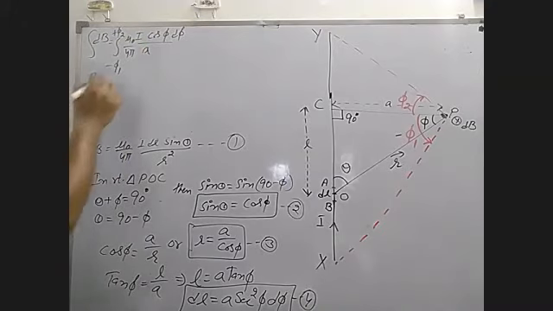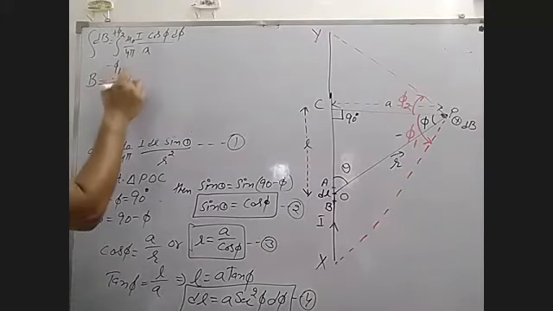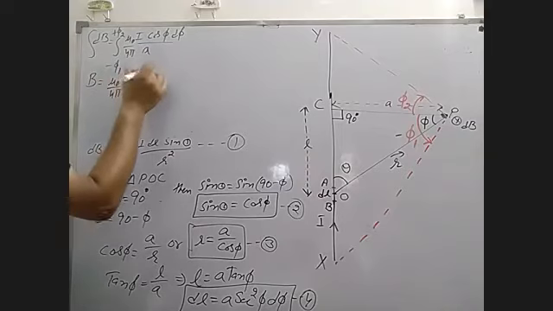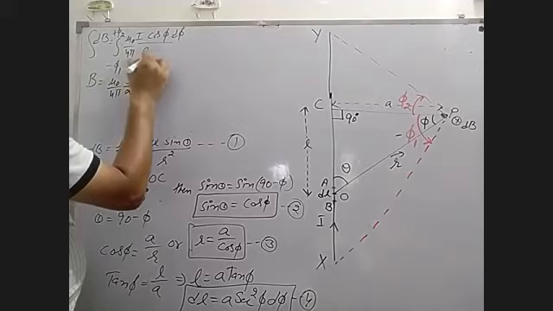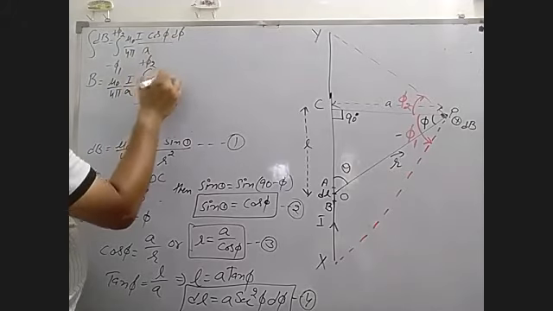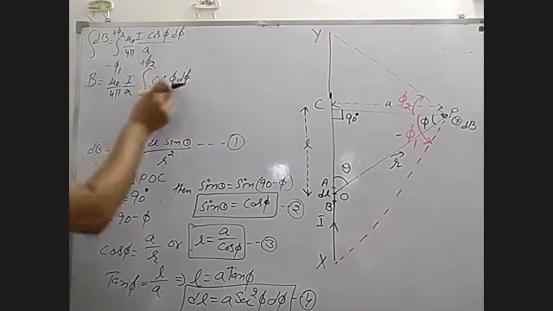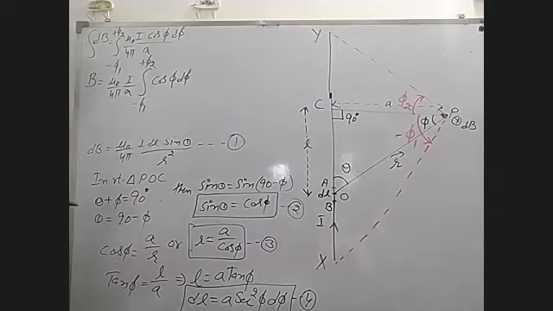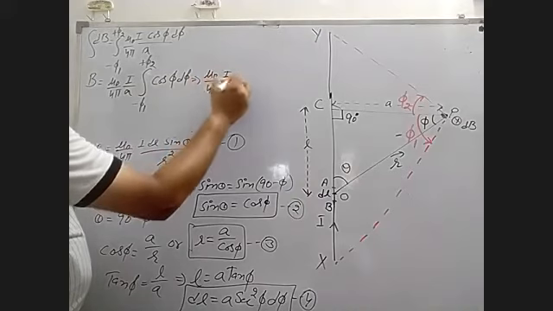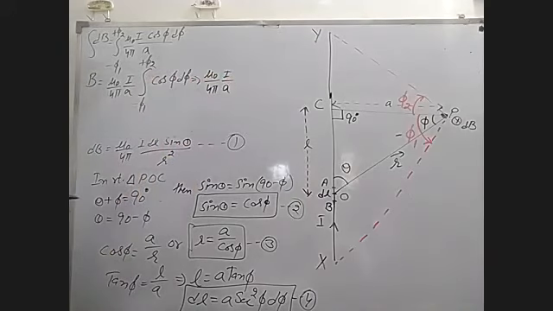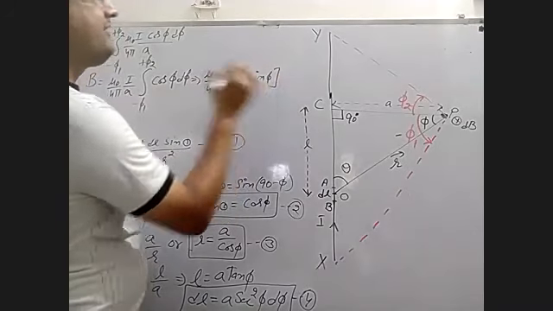Now solve it. Mu naught upon 4 pi I upon A, minus phi 1. Only the term of phi will be in integration. Now this is the thing which you have to integrate. Now what is the result? Mu naught upon 4 pi I upon A. What is the integration of cos phi? Cos phi integration is sin phi.